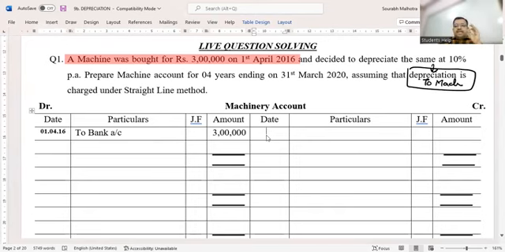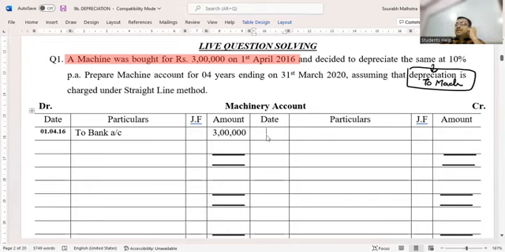So if the journal entry is depreciation to machine, how can we post it if we prepare depreciation account? Please listen carefully. I'm asking, if the journal entry is depreciation account debit to machine, how can we post it in depreciation's ledger account?